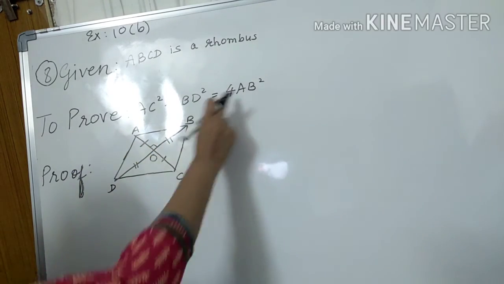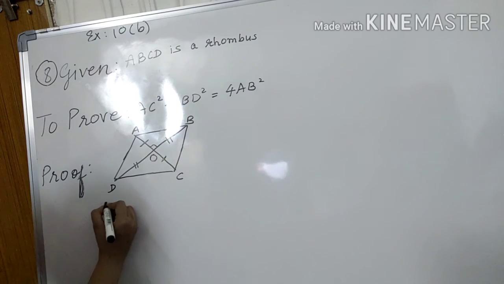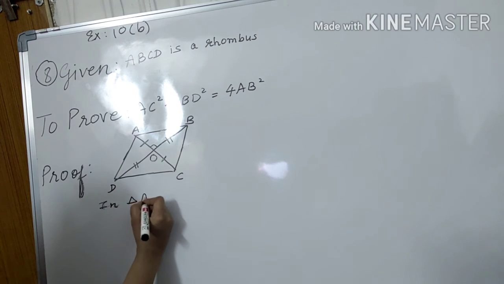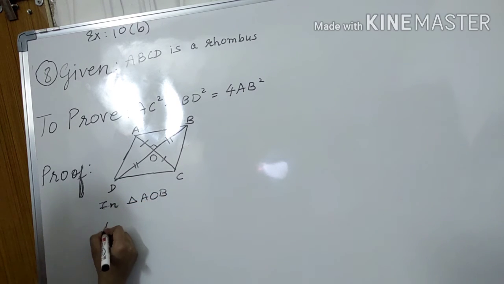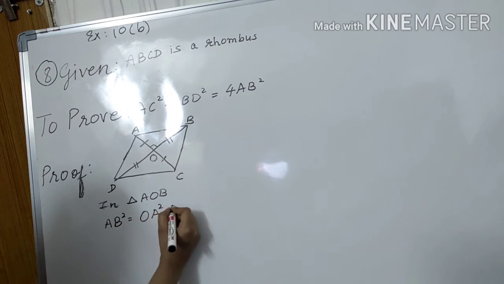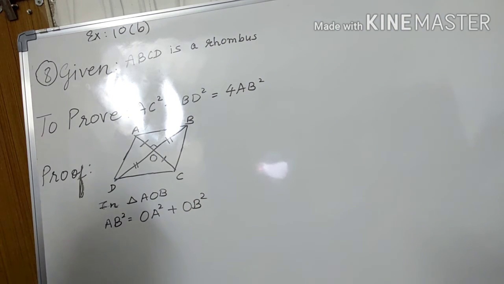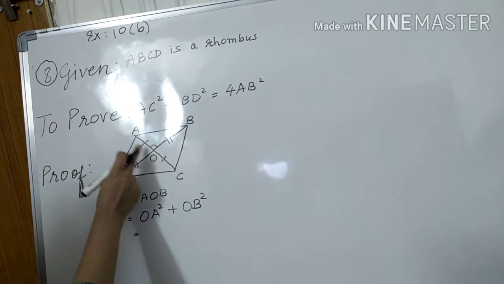So first of all we apply the Pythagoras theorem in our triangle AOB. So I am writing, in triangle AOB, using Pythagoras theorem, AB square is equal to OA square plus OB square. Okay, but students, what is OA?